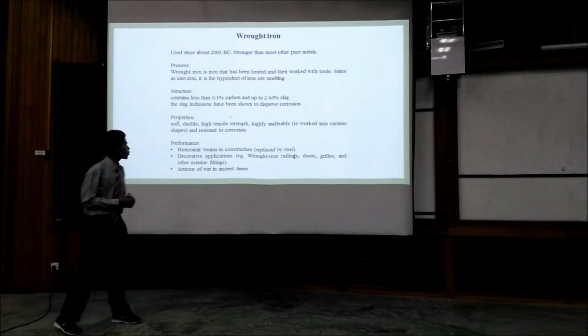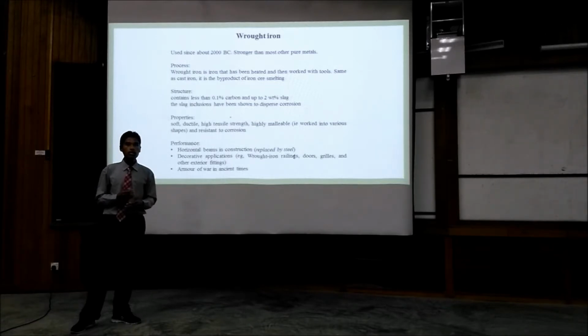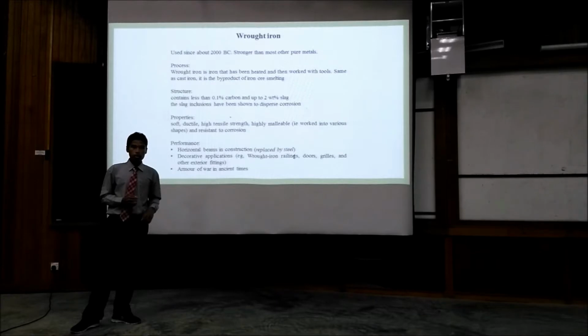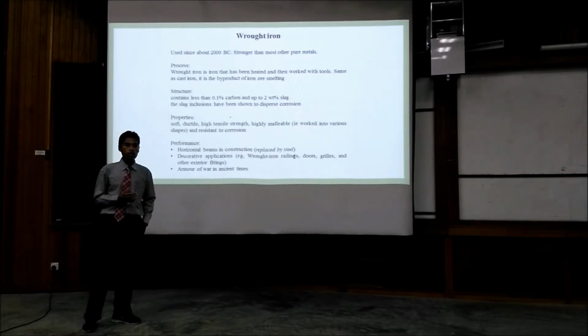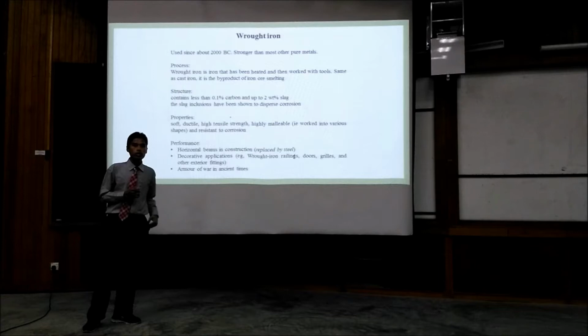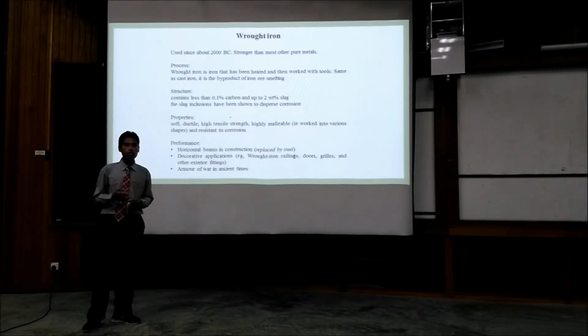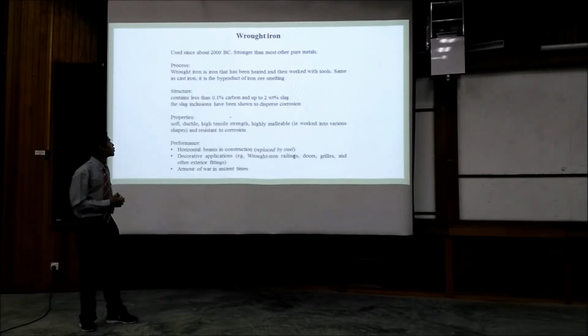And wrought iron contains less carbon in contrast to the other kinds of iron, because when the carbon content is higher, its crystal is stronger and it is going to be hardened.